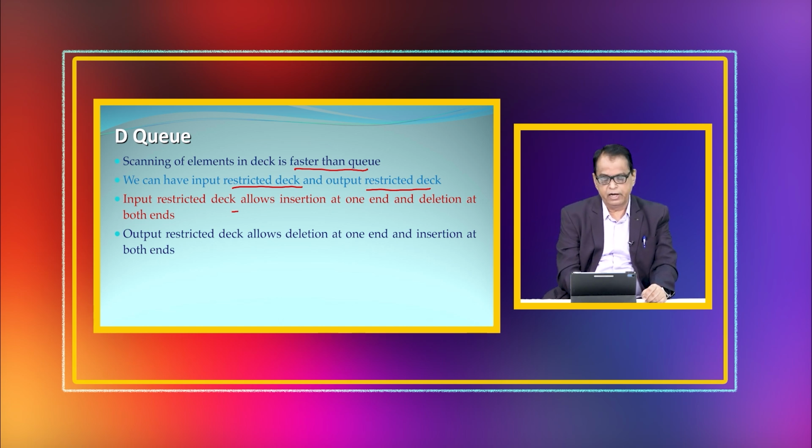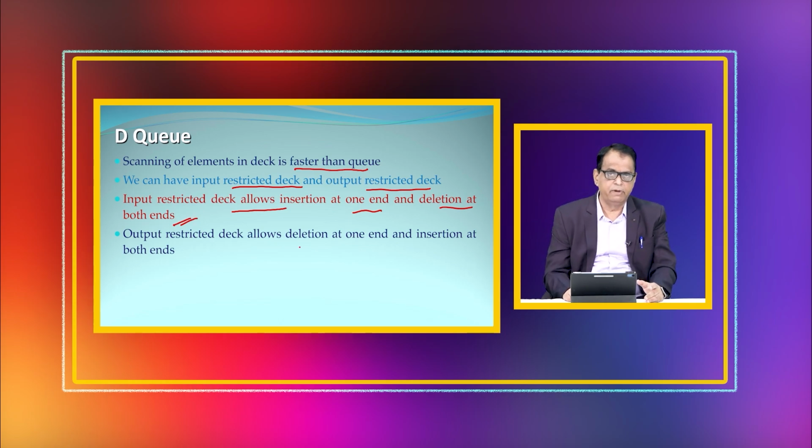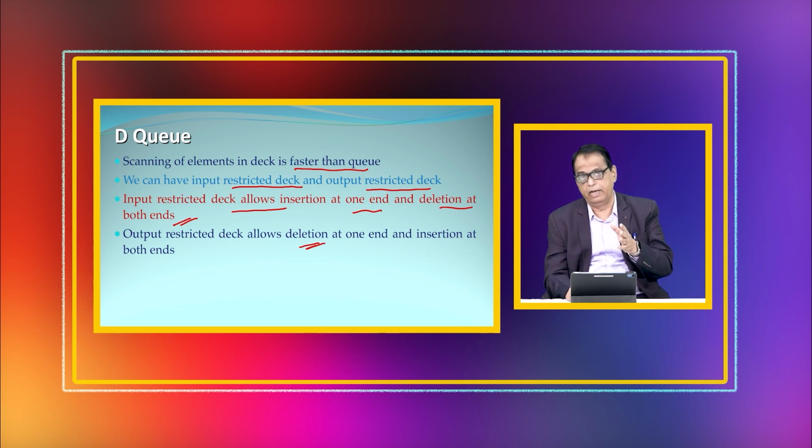An input restricted DQ will allow the insertion only at one end and deletion at both the ends. So suppose you want to restrict the insertion operation, that is also possible: insertion will take place only from one end, and for deletion, you can allow deletion from both the ends. It is also possible that you can put some restriction on deletion as well.